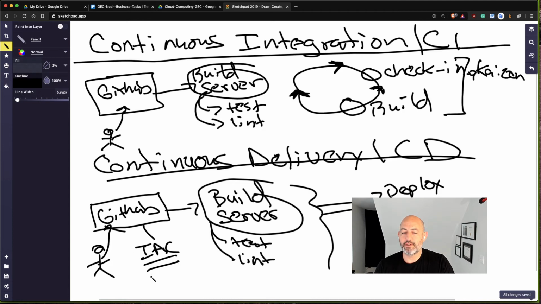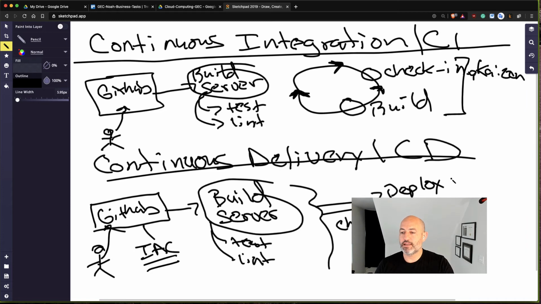And this would be the infrastructure as code piece. And it allows dynamic creation or change of the infrastructure. So you can spin up new environments, like a development environment, a staging environment, a testing environment, a production environment, and dynamically tweak that on every deploy.